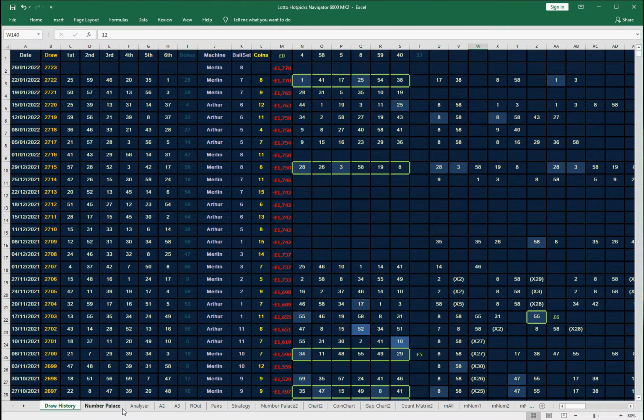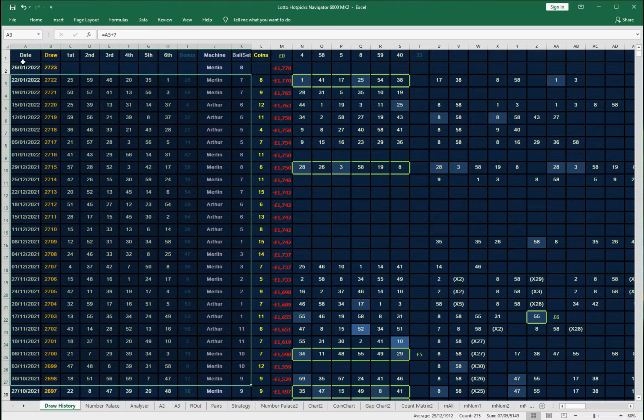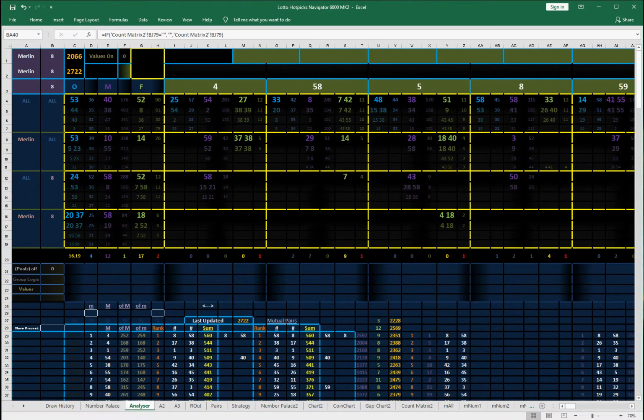Now, using this draw history, what we've got here is the date, the draw number, the numbers in the order that they came out, bonus number, machine, ball set, and this is the number of coincidences on this analyzer.